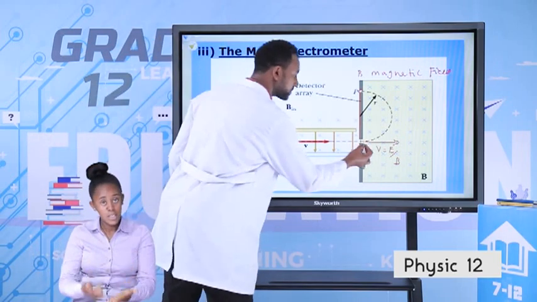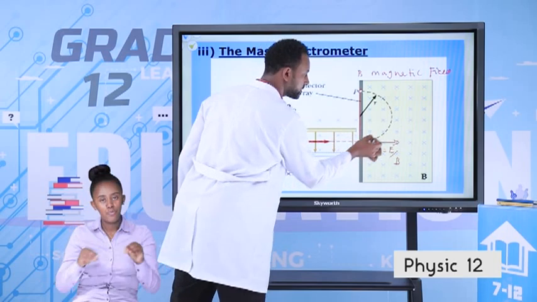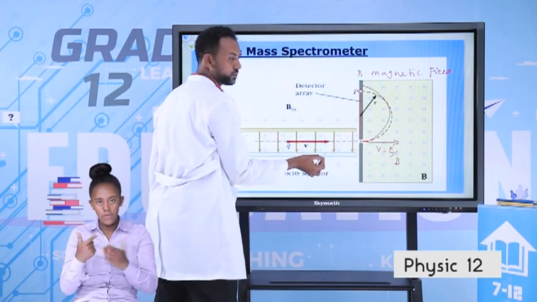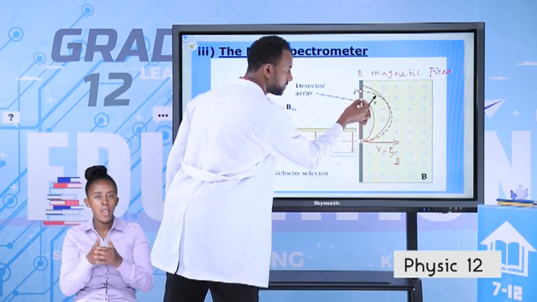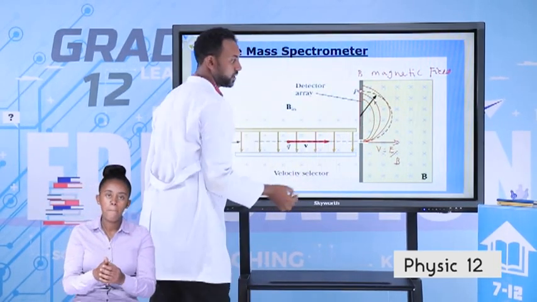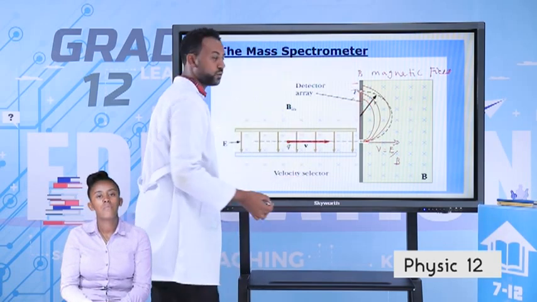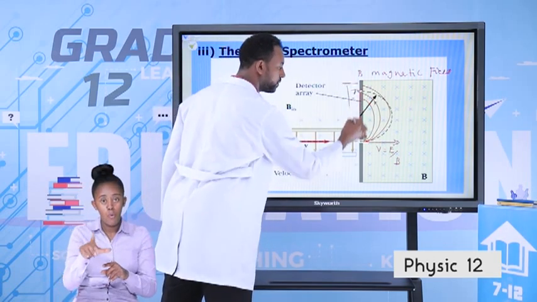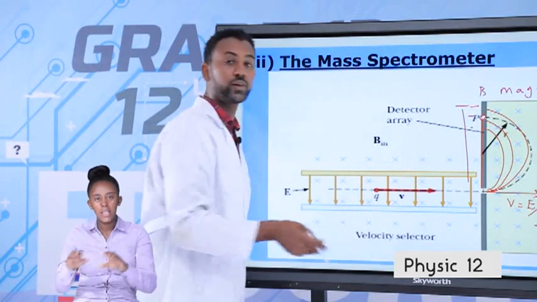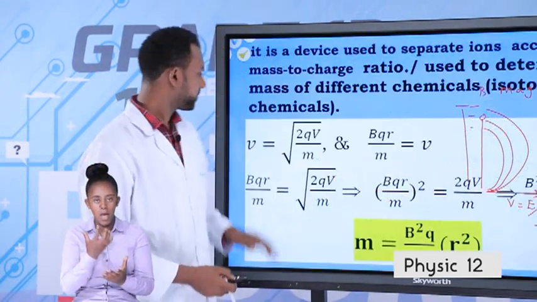As the charged particle moves and forms a radius, for example, one of the atoms, the other atom might form here, and the other atom might be here. So the detector reads the different locations of those charged particles, and they will form different radii. Due to that radius, it's possible to determine their mass.